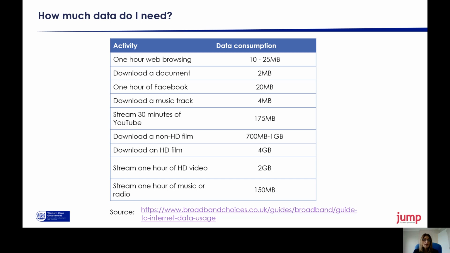And if you're downloading video, depending on whether it's high definition or standard definition, you're going into the gigabyte range. So streaming a 1 hour high definition video could take as much as 2 gigabytes. So bear that in mind when you're looking at what kind of data package is best for your business.